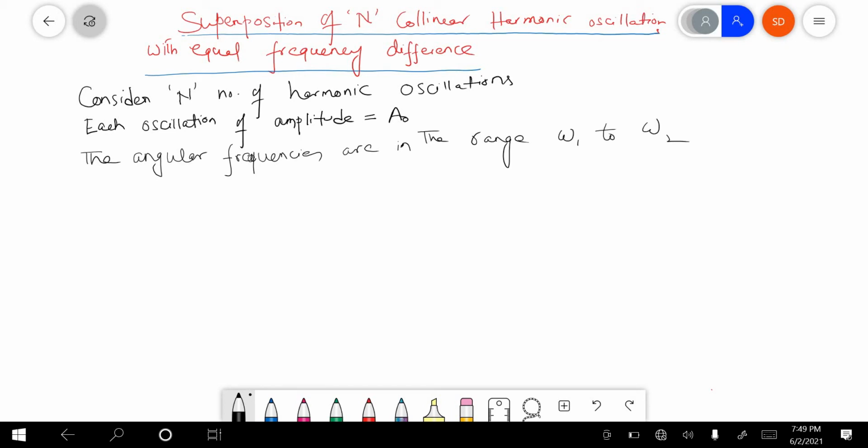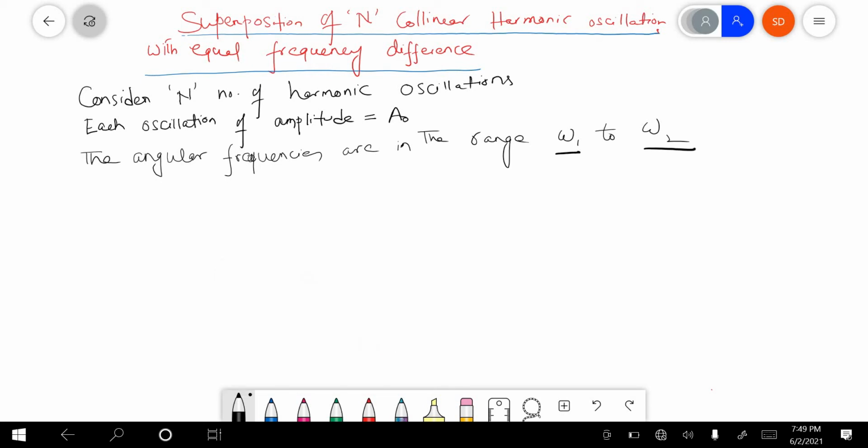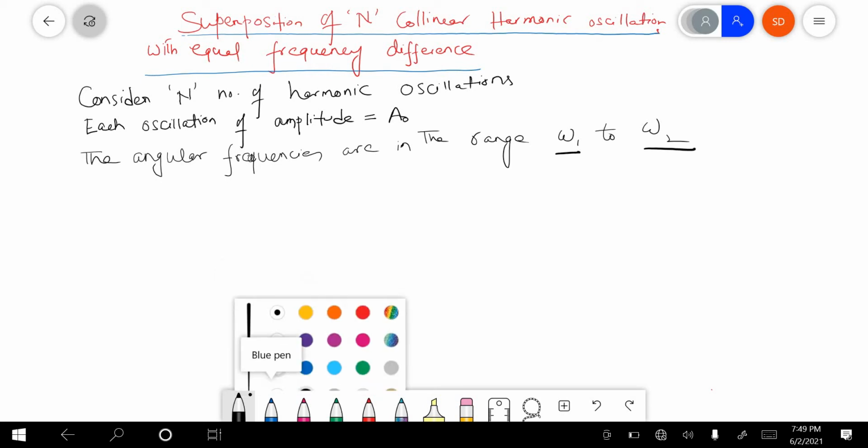That means the lowest angular frequency is omega 1 and the highest angular frequency is omega 2.